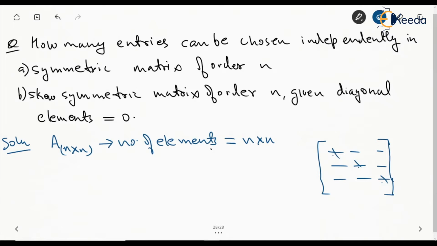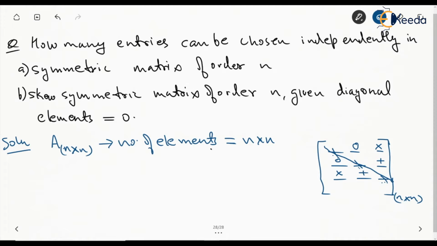So for this n cross n, the number of diagonal elements we have is n, right? 1, 2 and 3. Other than that, whatever element is here will be here, whatever element is here will be here. So overall either we go above the diagonal elements or below the diagonal elements, and we have to choose only one of these parts.